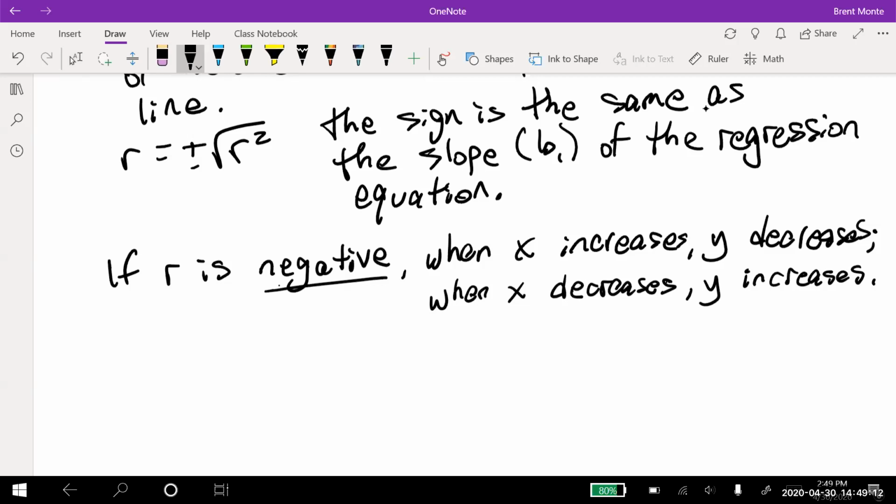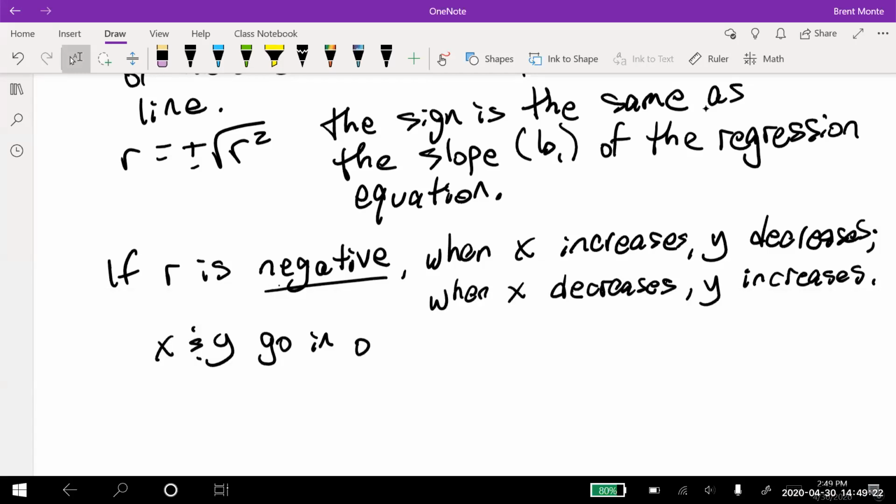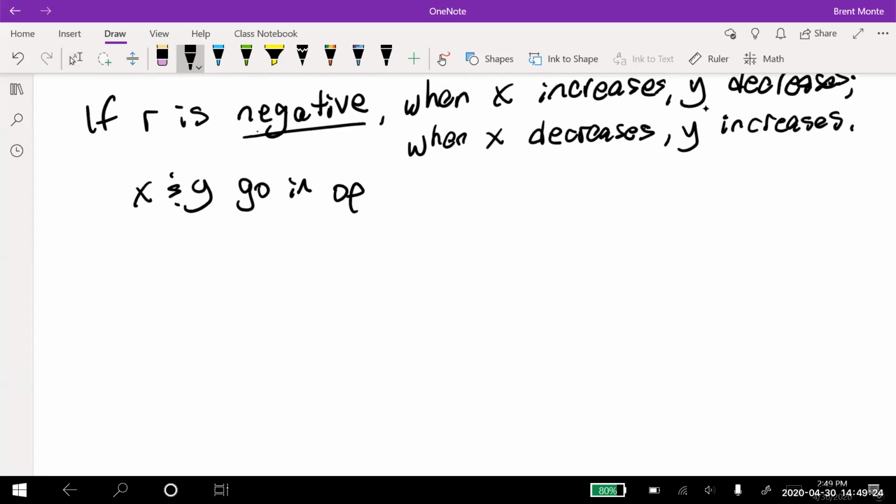And so notice if R is negative, X and Y go in opposite directions. Let's move that up so I quit hitting that with my fingers. Okay, I'm also going to make this Y look more like a Y and less like a G. Okay, so that's the first part.